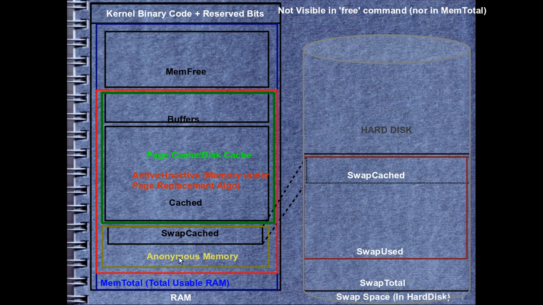And the total is, this part is anonymous memory. Anonymous, which is not backed by the storage or not backed by any file. For example, as I gave you earlier, MySQL query is getting thousands of records, so they are actually not stored in the file, so they are present in RAM itself as anonymous memory.